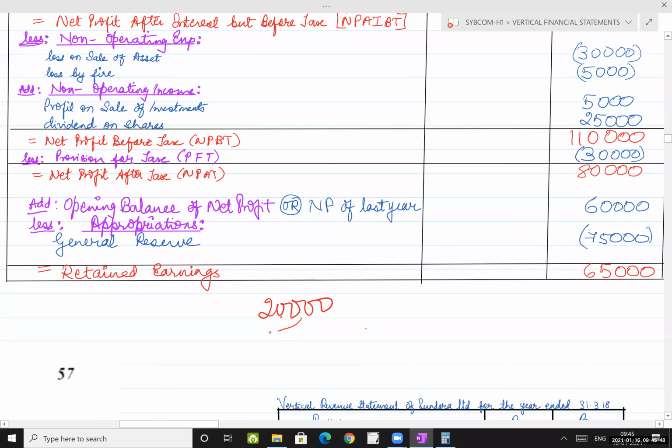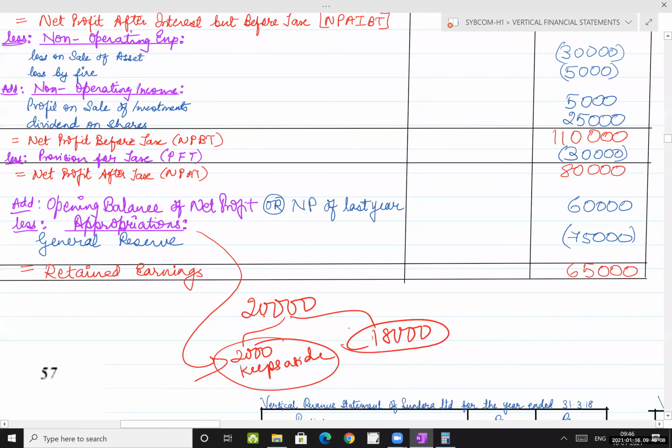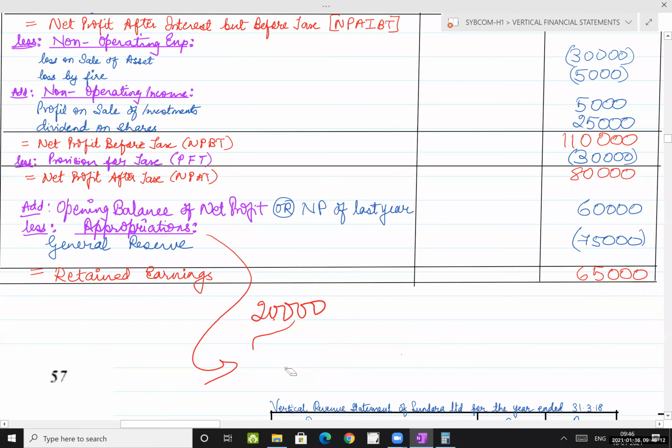So what your mom does, she keeps 2,000 aside and she tries to run the house for the month with this 18,000. Okay, so this 2,000 which is kept aside is known as appropriations. Okay, for a company this is an appropriation. समझ में आया? Example is clear about appropriations.